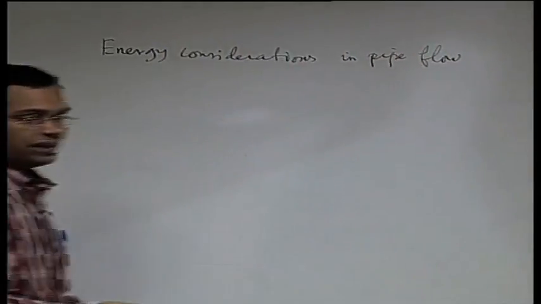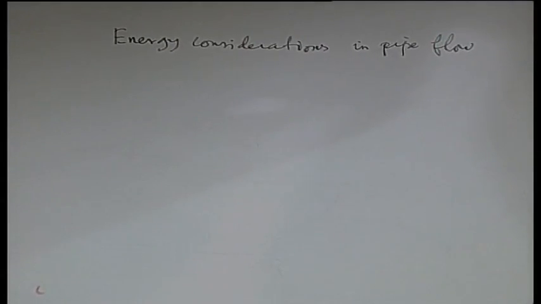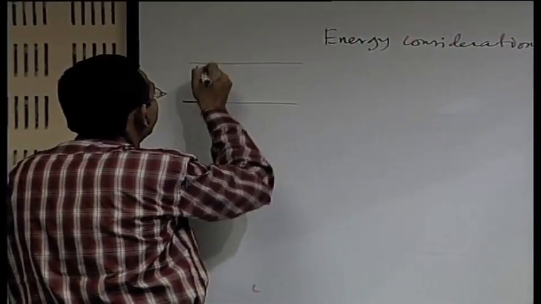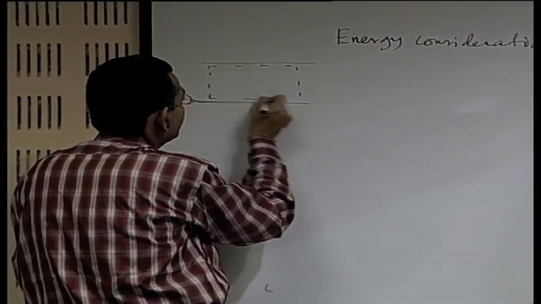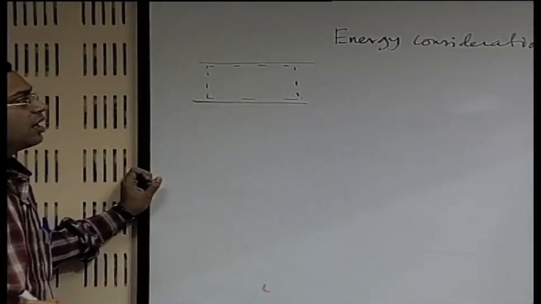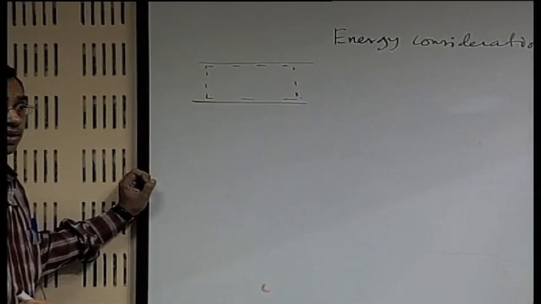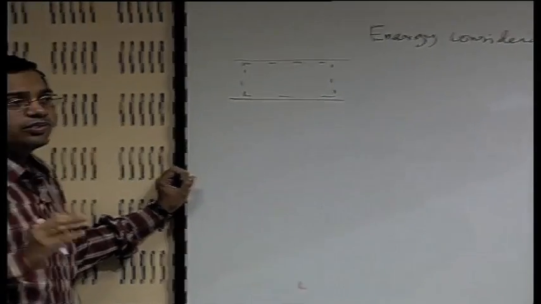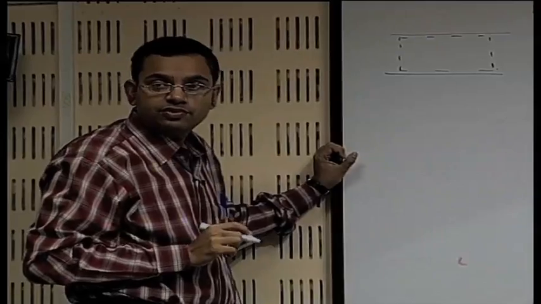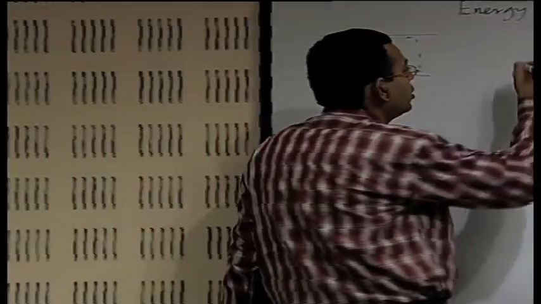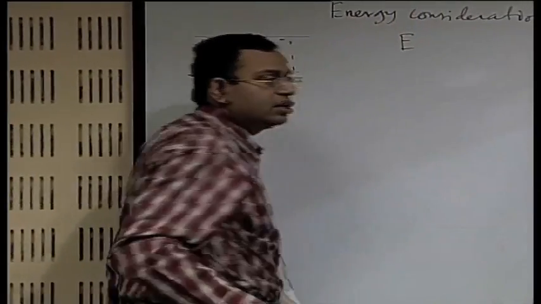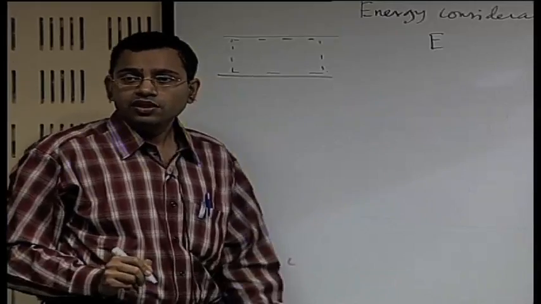Let us say that you have a pipe of whatever section, say a circular pipe as an example, and we are looking at the fluid in the pipe and trying to write an expression for the energy balance. For any conservation equation we may start with the Reynolds transport theorem, where E is the total energy of the system.